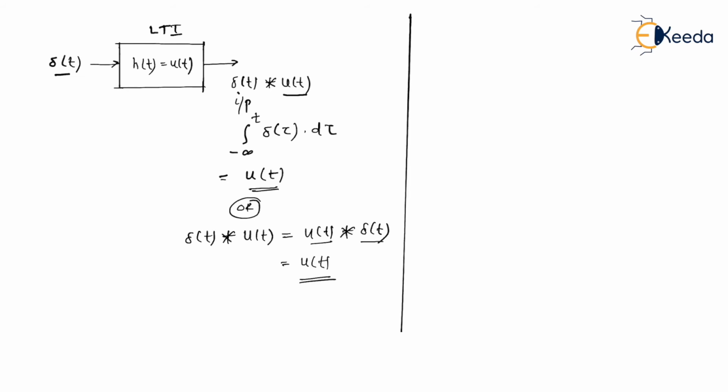Similarly, again the same system I'm taking over here. So same LTI system with impulse response equal to u of t. So I'm having h of t equal to u of t only. This time I'm applying input as u of t itself, and I'm now interested to see what is output. We know that whenever impulse response is u of t, it will act as an integrator for input.